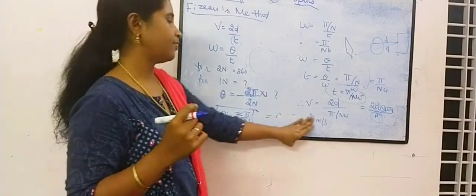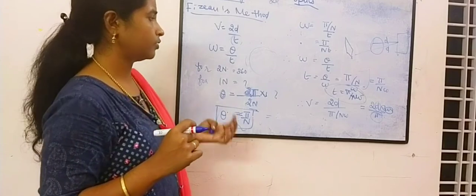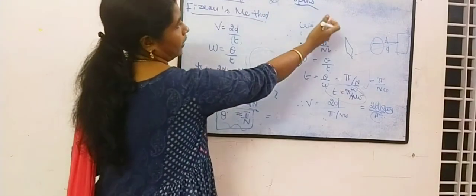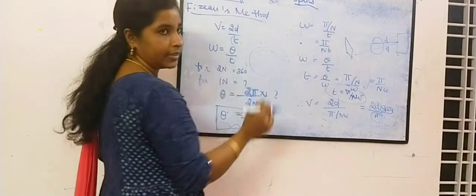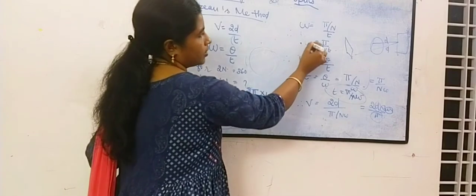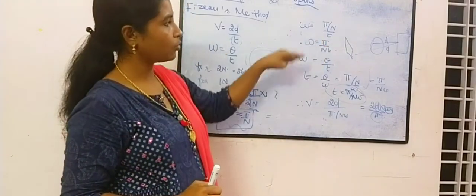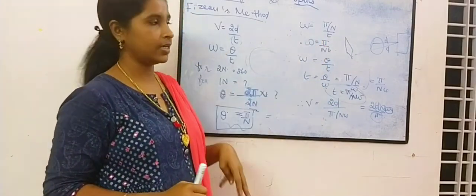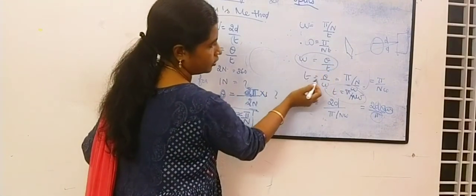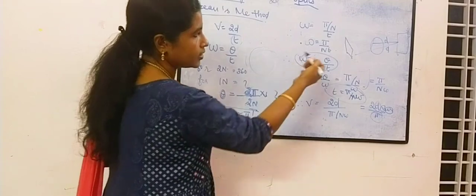Now we can easily find out the time taken. We know that omega is equal to theta by t. Substitute the value of theta, pi by n, so omega is pi by nt. Now from that omega I am going to find out t. We know that omega is equal to theta by t, so t is equal to theta by omega. What is theta?